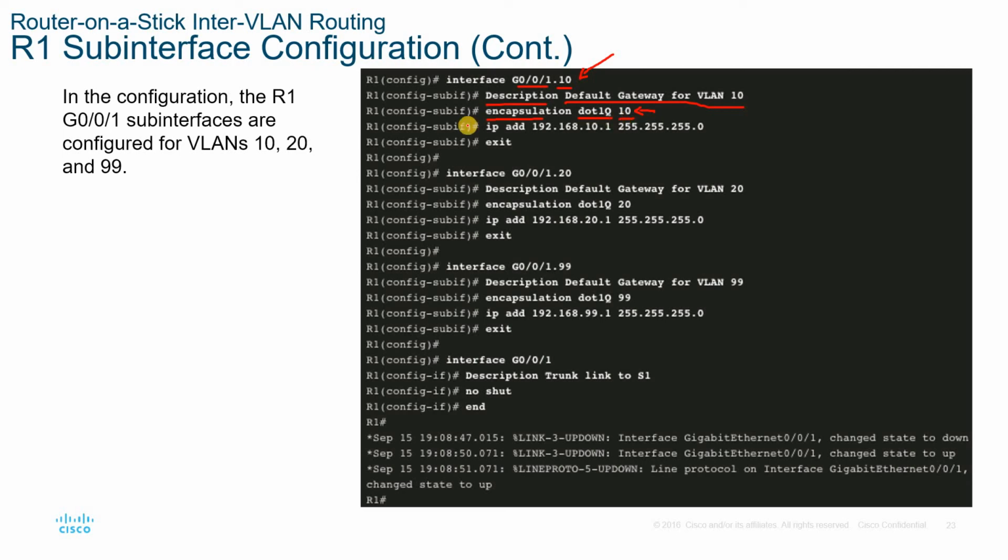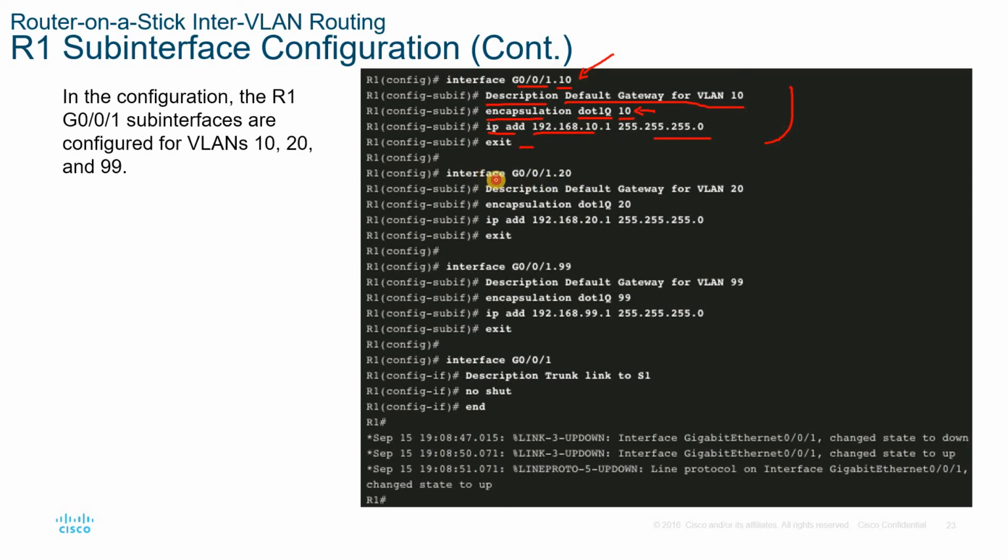And then after that, you just put an IP address to that particular subinterface, and that's it. Exit na. So that's it for VLAN 10. Meron ng suporta yung VLAN 10, meron na siyang sariling default gateway. Now, all you have to do is repeat the process for the remaining VLANs. For example, if you have 3 or more VLANs, just repeat the process.